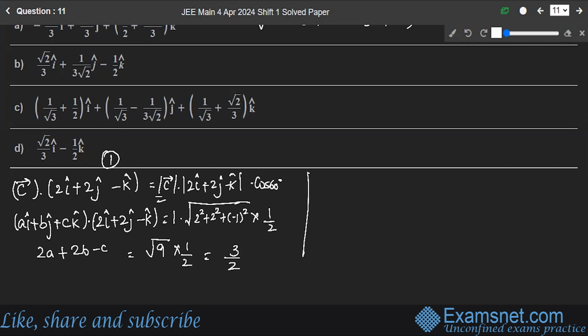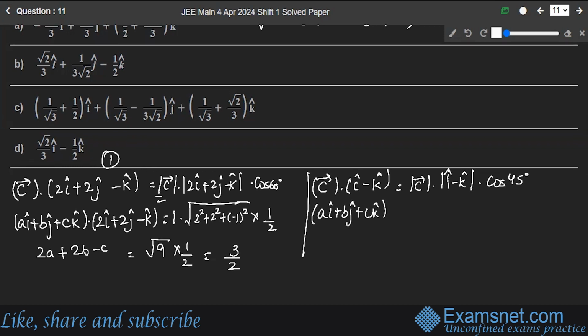Okay. Similarly, the dot product of C vector and i minus k vector is equal to magnitude of C, magnitude of i minus k vector, cos of the angle between them. So again, C vector was A i plus B j plus C k, and this is equal to 1 into root of 1 square plus minus 1 squared, multiplied by 1 by root of 2.